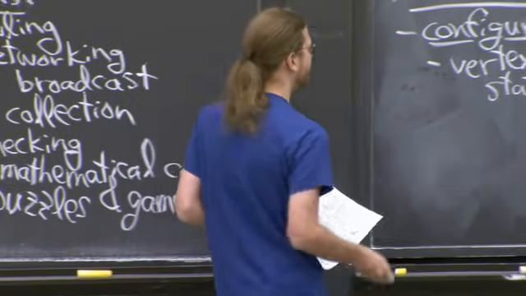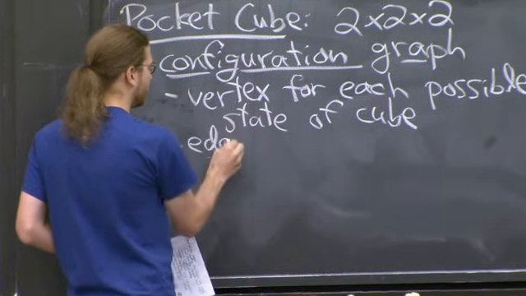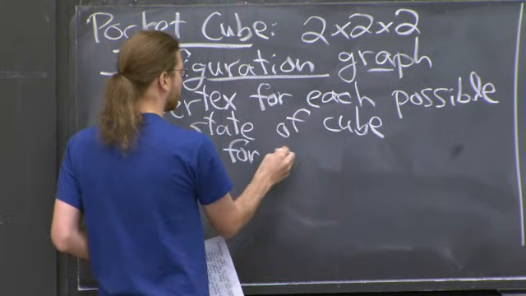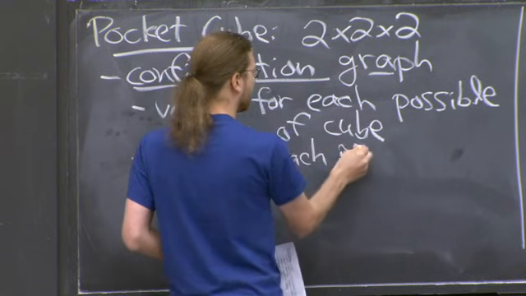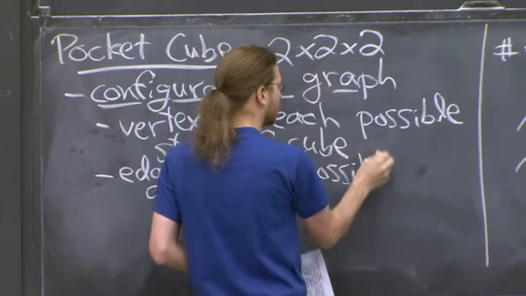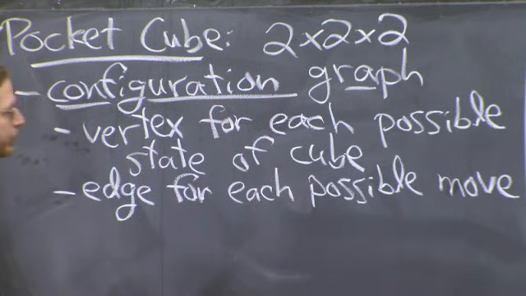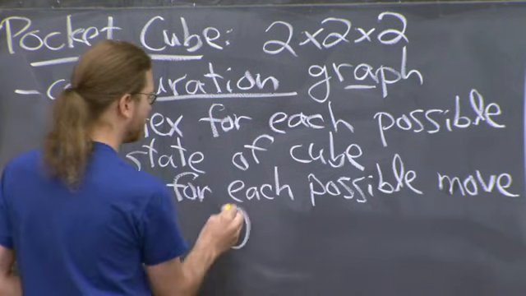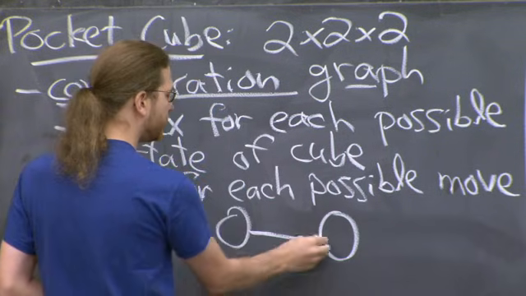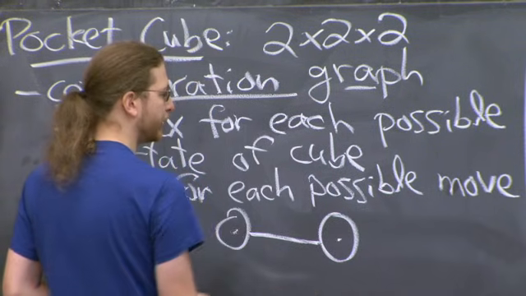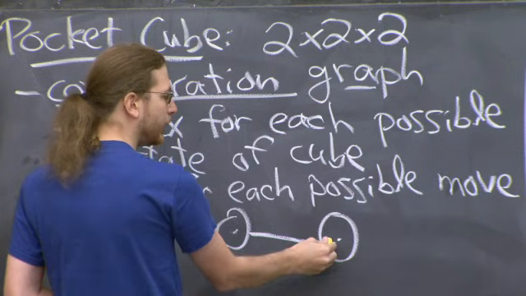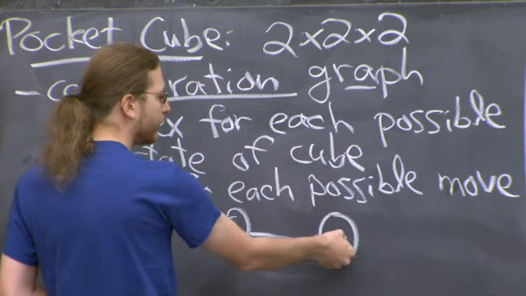OK, that was vertices. I should talk about edges. Every move takes you from one configuration to another. You could traverse it in one direction, make that move. You could also undo that move.